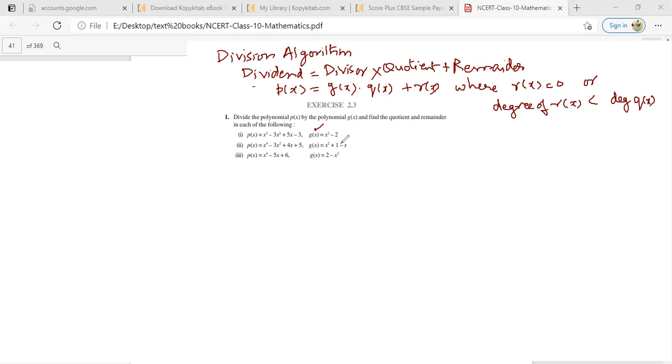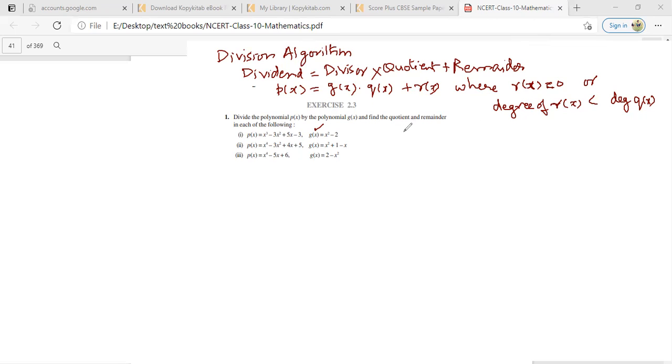Either Rx is equal to 0, or the degree of Rx is less than the degree of Qx.